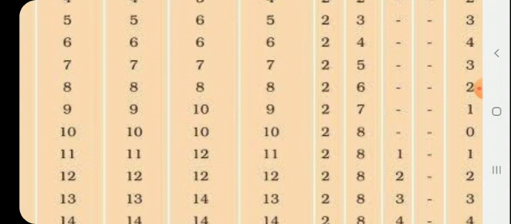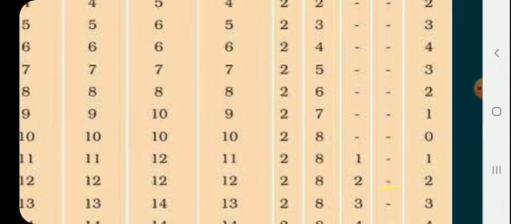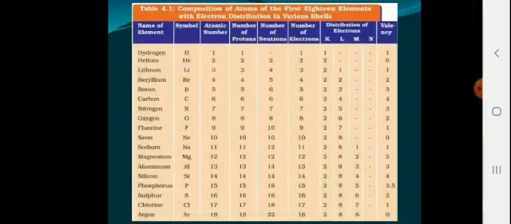2 electrons are present in K shell, 8 electrons are present in L shell and 1 electron is present in M shell. Valency is 1. Draw this chart and write the content of it.